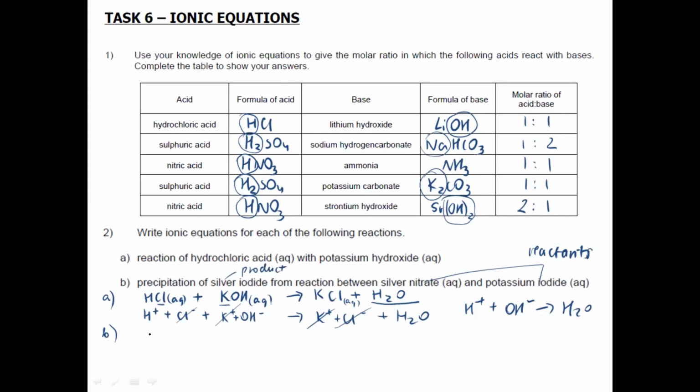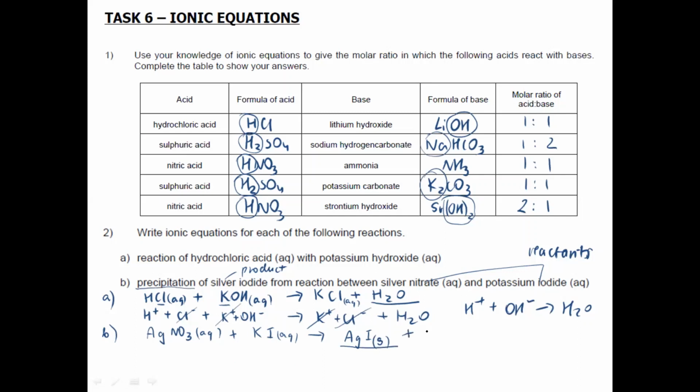So silver nitrate is AgNO3, and that's aqueous. It's a solution. So silver is a 1 plus, NO3 is 1 minus, so 1:1. So that's fine. Plus potassium iodide, potassium is 1 plus, iodide is 1 minus. And what you get is silver iodide, silver is 1 plus and iodide is 1 minus. So that's sorted. That's solid because it tells you here it's a precipitation reaction. So that's going to stay as it is. It's not going to split into ions.